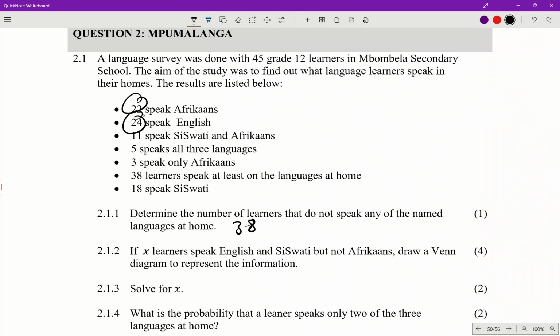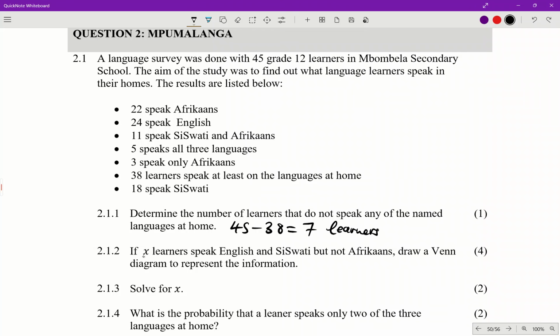So think of that, guys. You're not going to say this is 38, the total. The total subtract the 38 learners who speak at least one language at home. So 45 minus 38 will give you 7 learners. So that would be your answer.